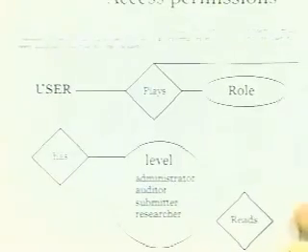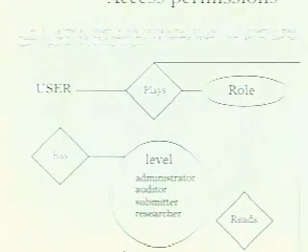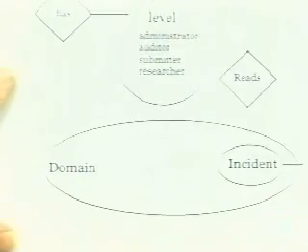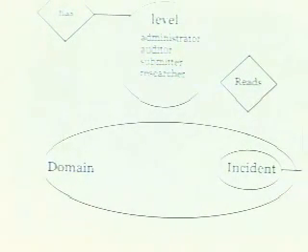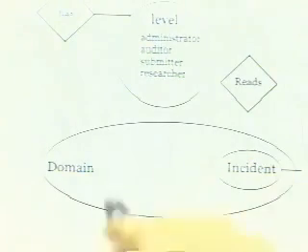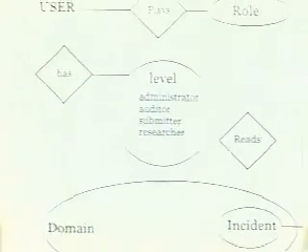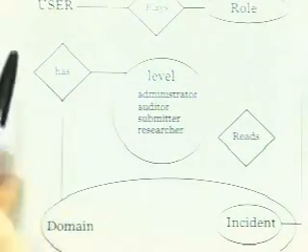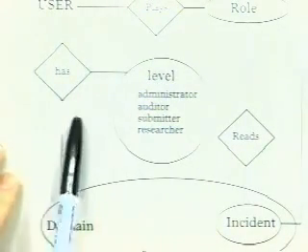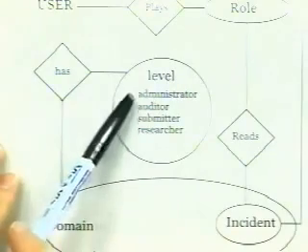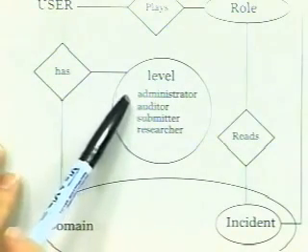Now, I'm going to talk a little bit about how the database works, how it's constructed. You've got different domains for every entity that wants to use the database, and inside it you have plenty of incidents. Now, a user can have access to a domain with various levels of privileges.